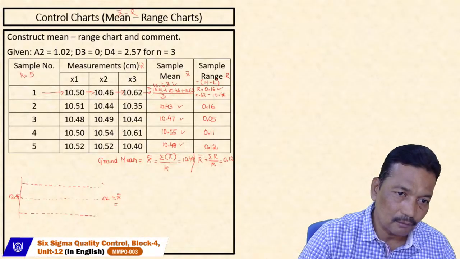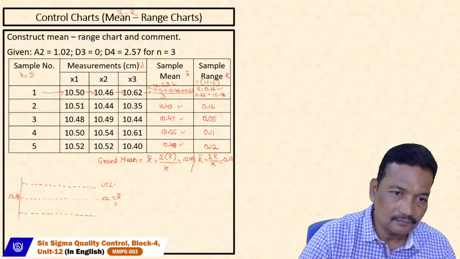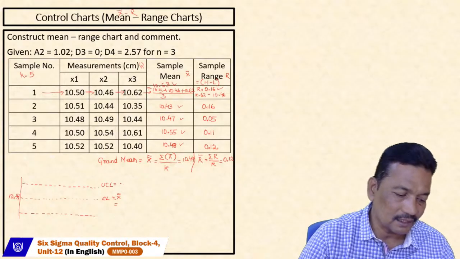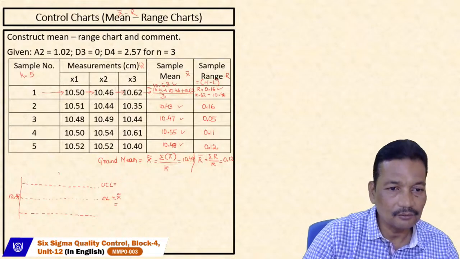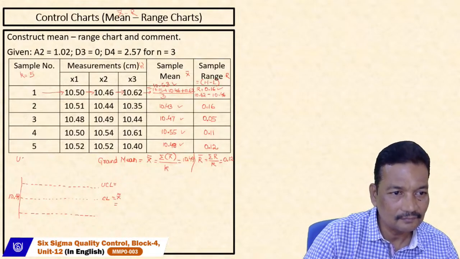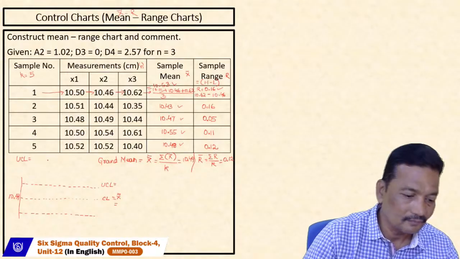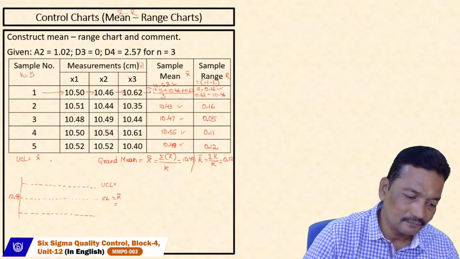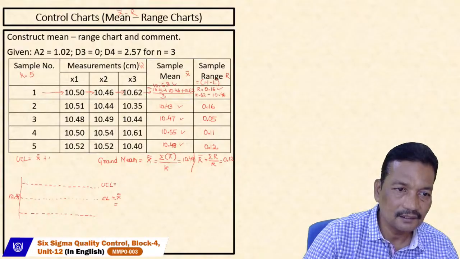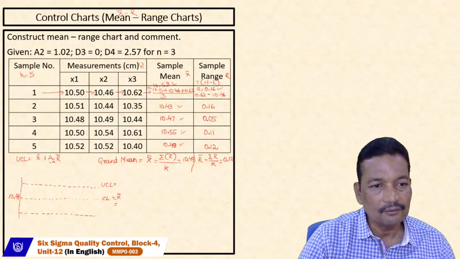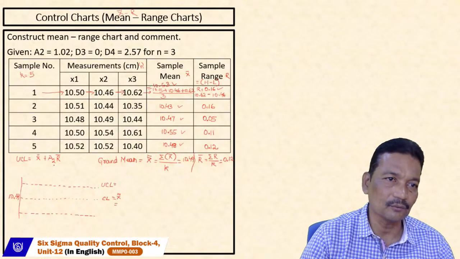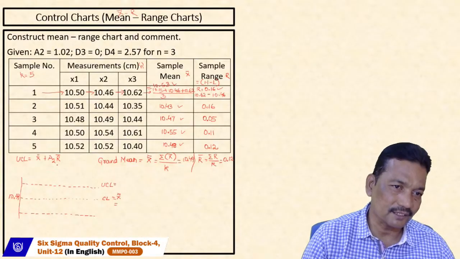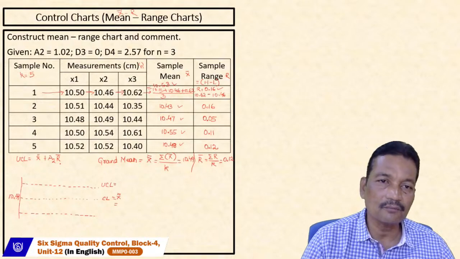Now for the UCL, upper control level, we try to find it out as X double bar plus A2 R bar. Now the question is, what is this A2? A2 is a constant which is based on the number of items contained in each sample.